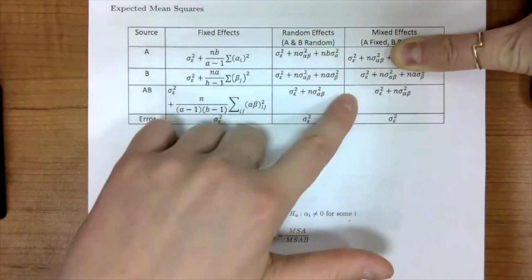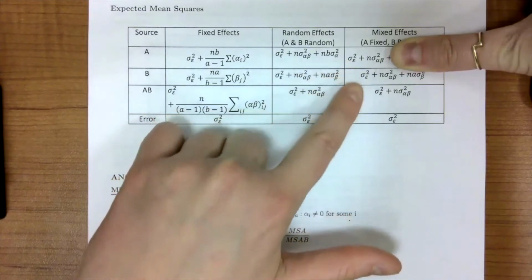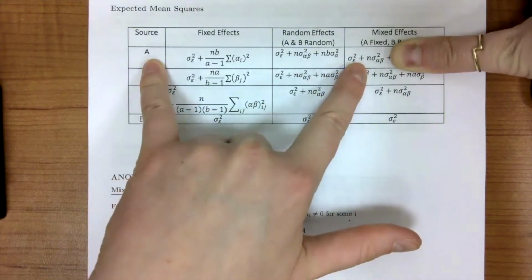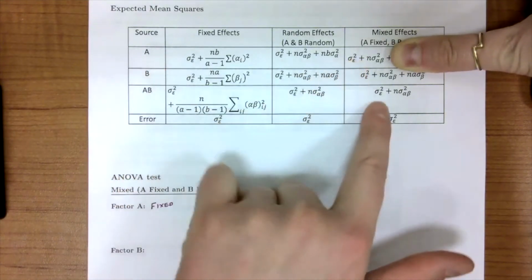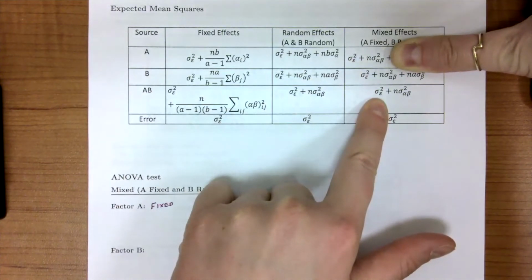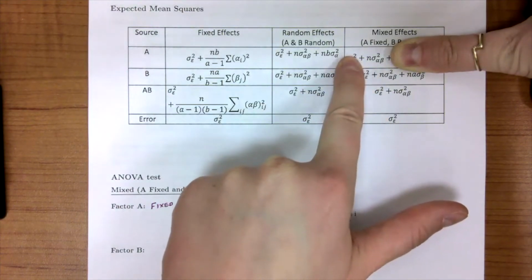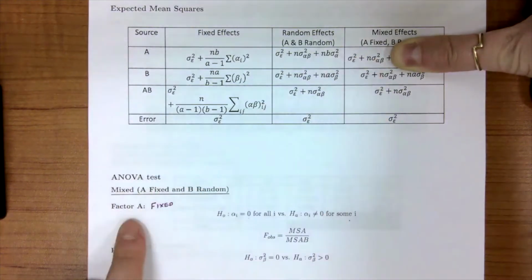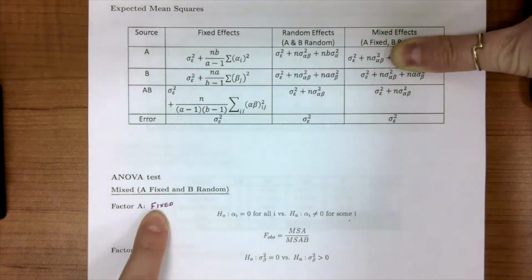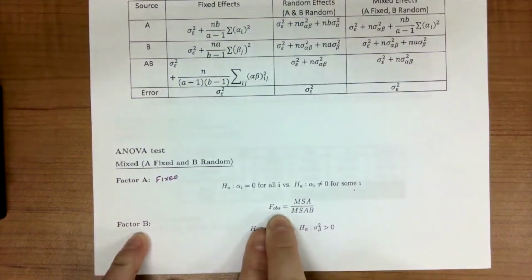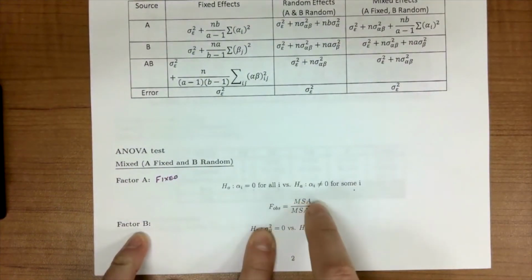When we look down here, we notice that this now matches our expected mean squared for our interaction. So this tells us that for our F-test statistic, for our factor A when it's fixed, our F-test is going to be MSA over MSAB.